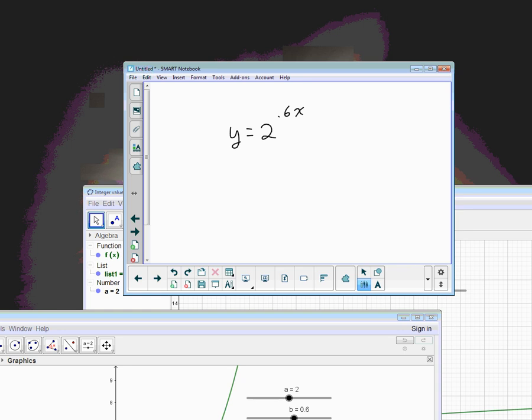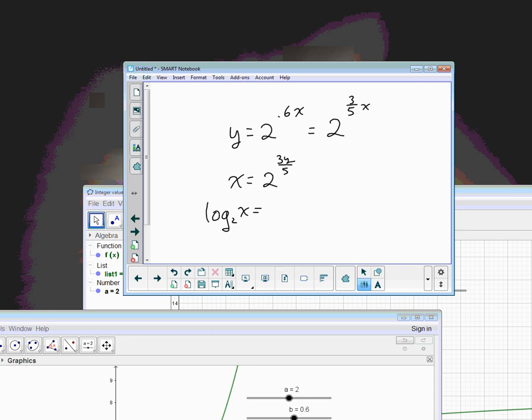0.6 is 3/5. Now let's find its inverse. Again, moving things away from the y, we have to bust out that exponential by applying a log. 0.6 is 3/5, right?